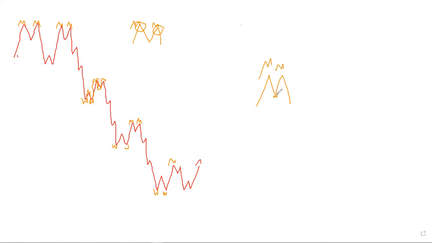Are we together? Now, on the lower time frame, what would this one be? An M. It will be a reset. W reset and M. This is a reset structure on a lower time frame.